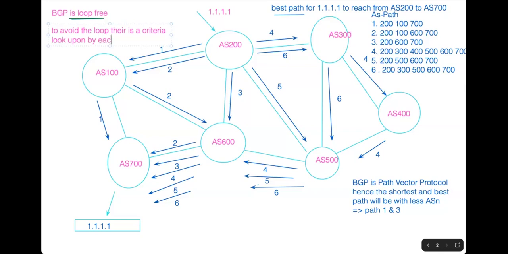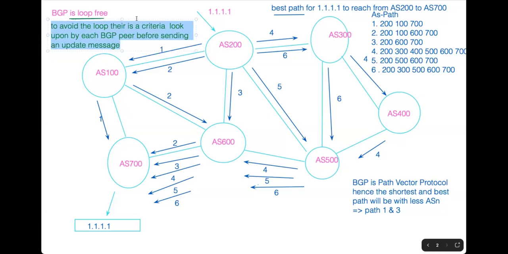By each BGP peer, before sending an update message. Now, what is that criteria?